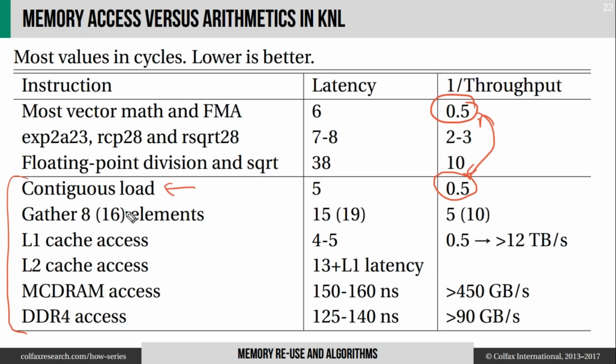But if your data is not accessed contiguously, rather you're gathering or scattering, then your memory access is at best an order of magnitude lower. If you're going to a lower level cache like level 2, or high bandwidth memory or MCDRAM as cache, then it's even lower.